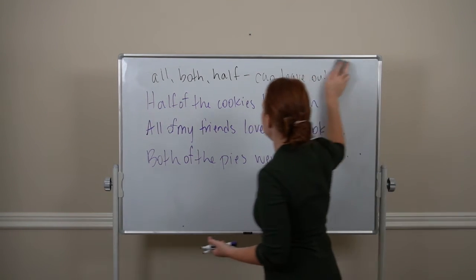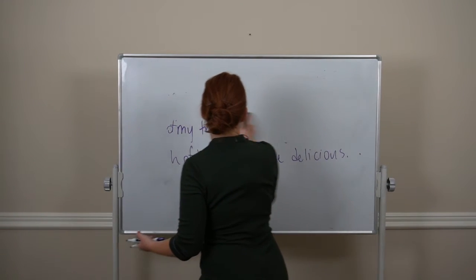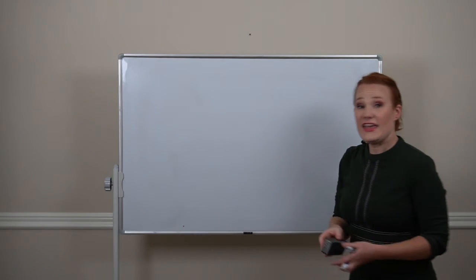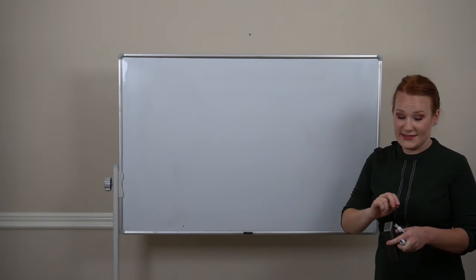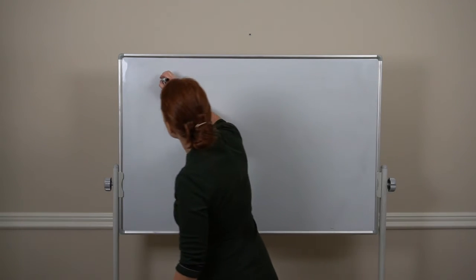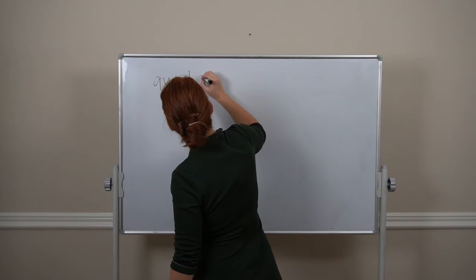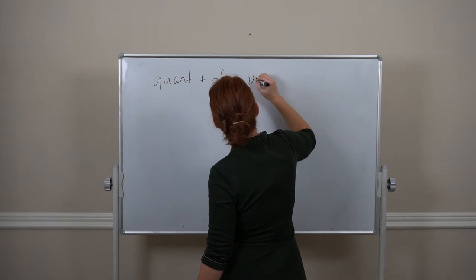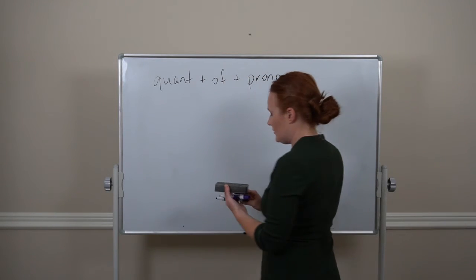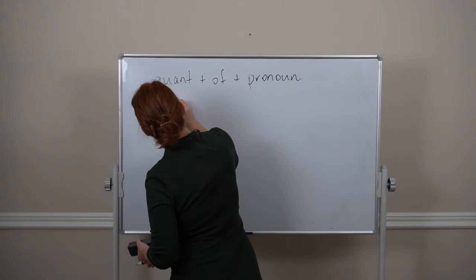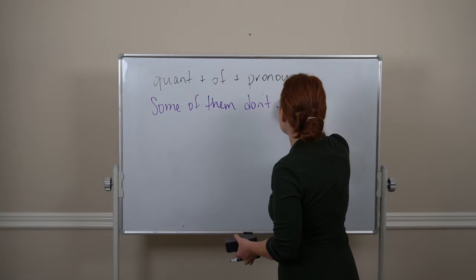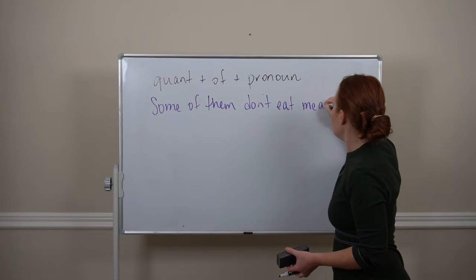Another thing to know. If we use a pronoun instead of a noun, we have to use of. All right, so I could say, some of them don't eat meat.